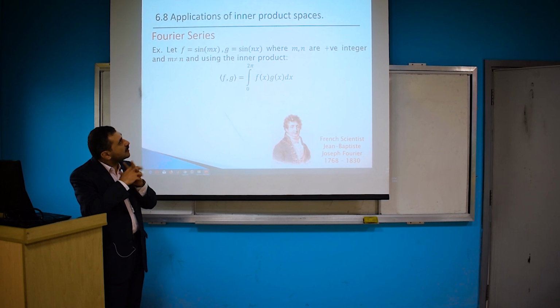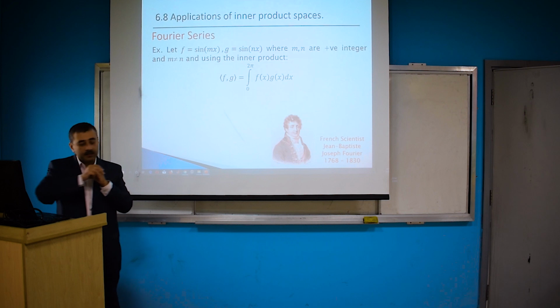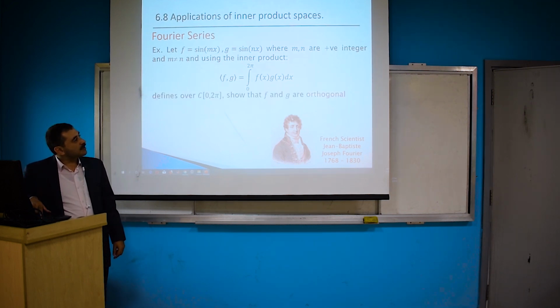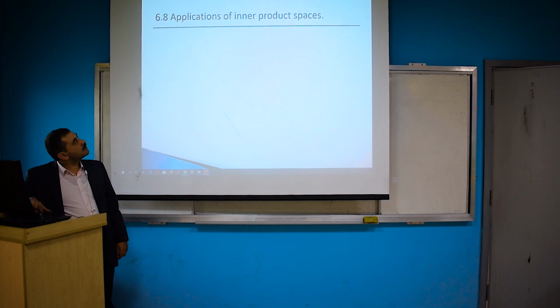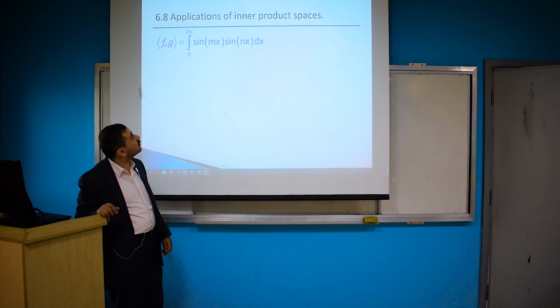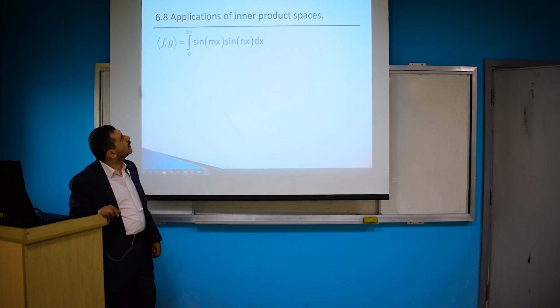To prove that sine mx and sine nx are orthogonal, you embed them into the inner product and do the integration. For example, you have sine mx times sine nx, integral from 0 to 2 pi.